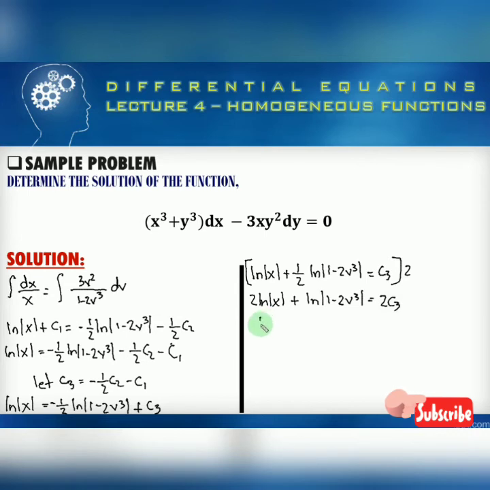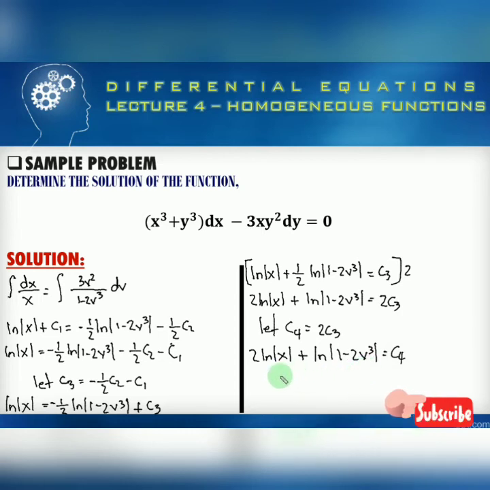Again, let us assign c4 equal now to 2c3. So we will have now this 2 ln of x plus ln of 1 minus 2b cubed is equal now to c4.